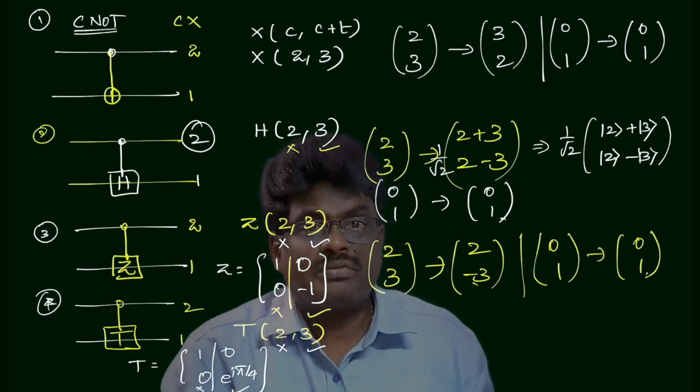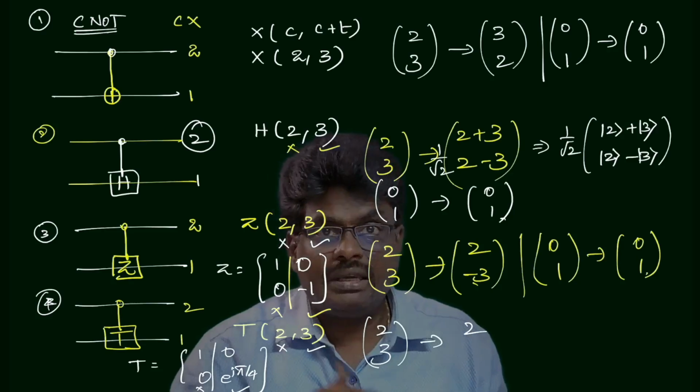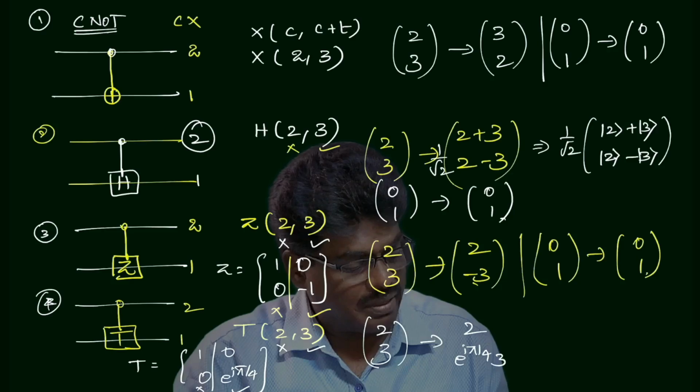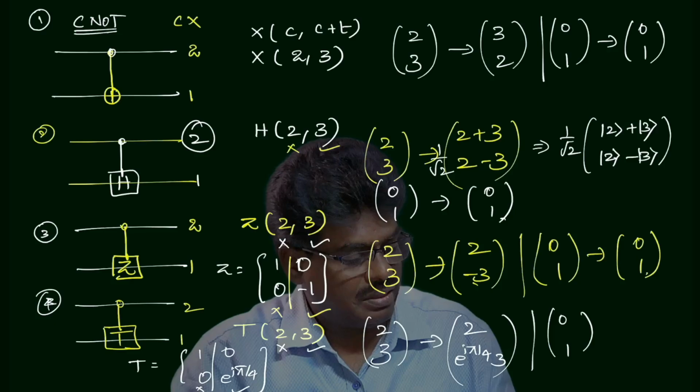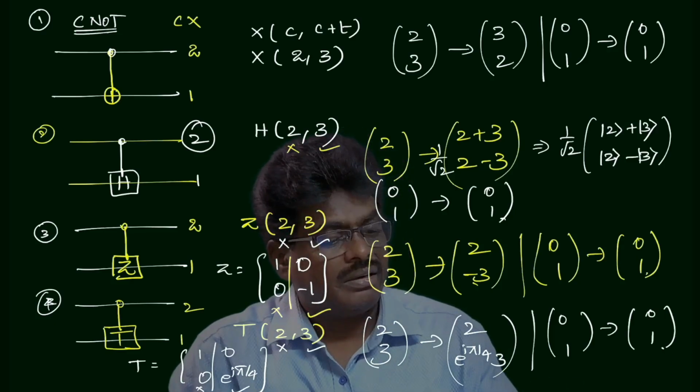First column off, second column on. That is 2 3, 2 is off, no change, 3 on, that's why phase change, e raised to I pi by 4 3, and there is no change in the 0 1. Okay, and if you want, I will take few more examples.